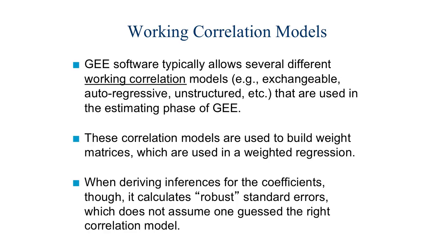And the working correlation matrices, since they're not really intended to get it perfect, they only give you a few choices, and often only one or two of them are relevant to any particular data set. So there's not an infinite list of these things in your GEE function. There are usually 5 or maybe 4, and typically only some of them are relevant.